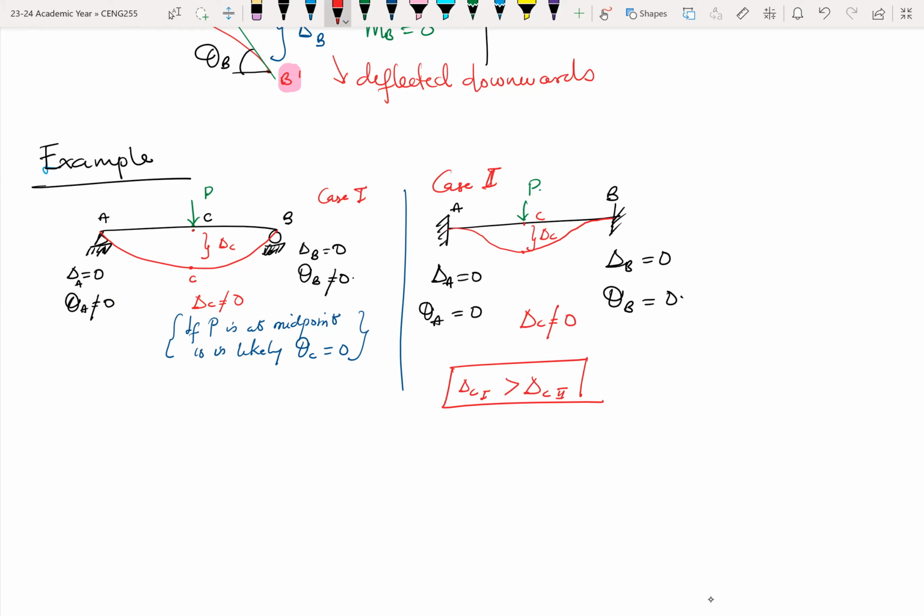We'll later explain why. This governs the reason why sometimes when you are designing a structure, you prefer to go with fixed supports rather than pin supports.